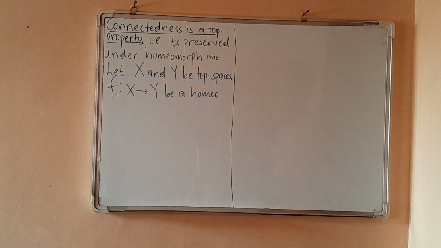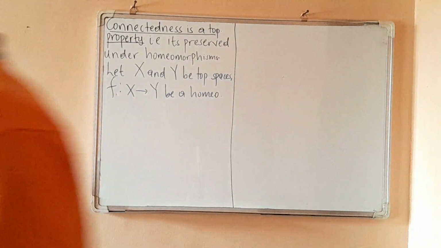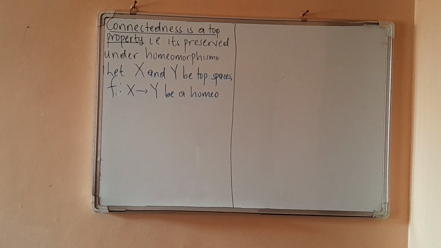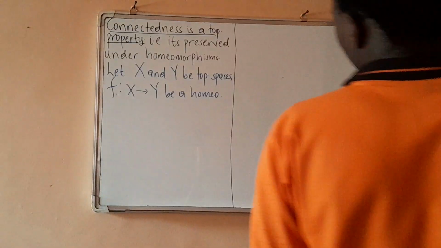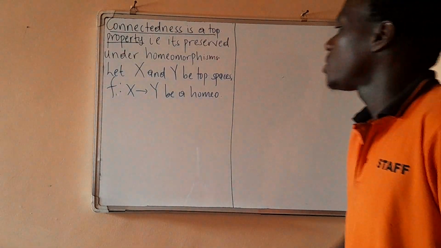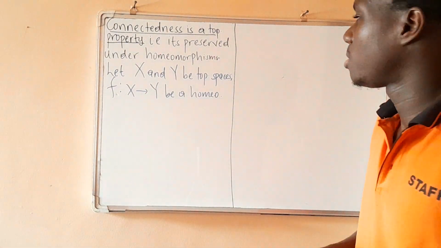Now suppose that this thing is two-sided. You can suppose that X is connected and prove that Y is connected.